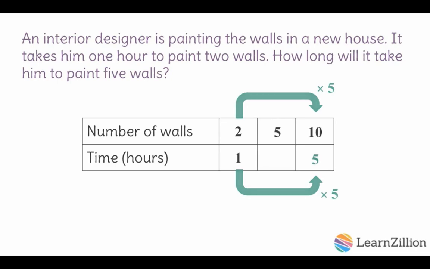And in order to go from 10 walls to 5 walls, we have to divide by 2. If I'm going to divide the number of walls by 2, this means that I also have to divide our time by 2. When we divide 5 hours by 2, this gets us 2.5 hours. We know that this painter could finish painting 5 walls in 2.5 hours.